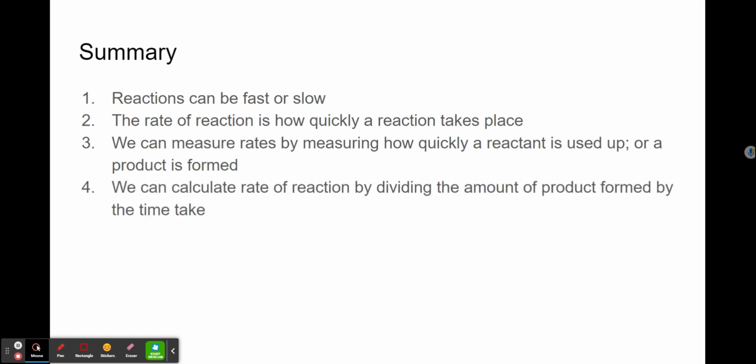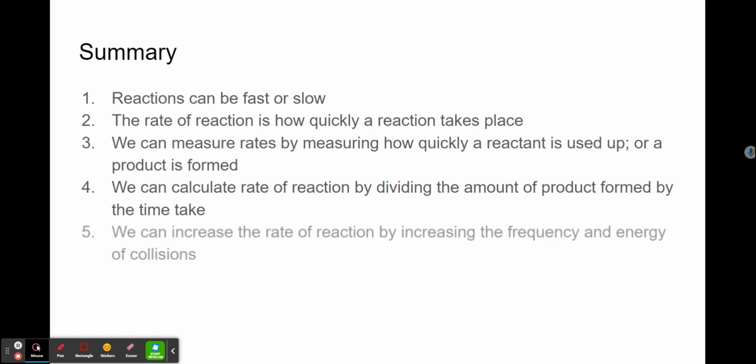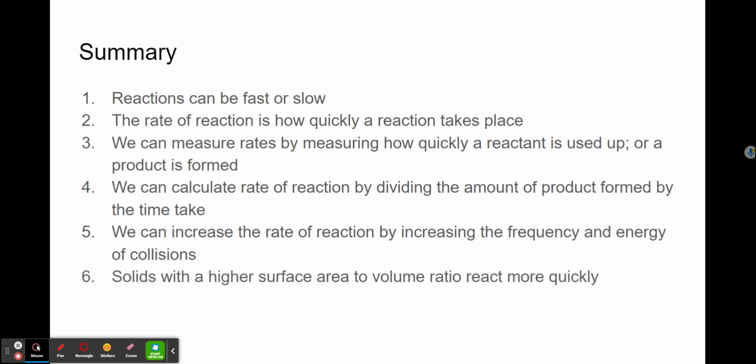We can calculate the rate of a reaction by dividing the amount of product formed or the amount of reactant used by the time taken. And we can increase the rate of a reaction by increasing the frequency and energy of collisions. Solids with a higher surface area to volume ratio will react more quickly.